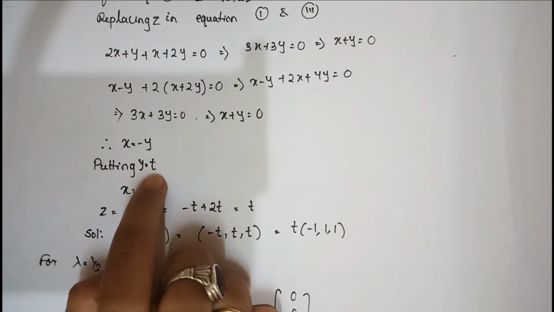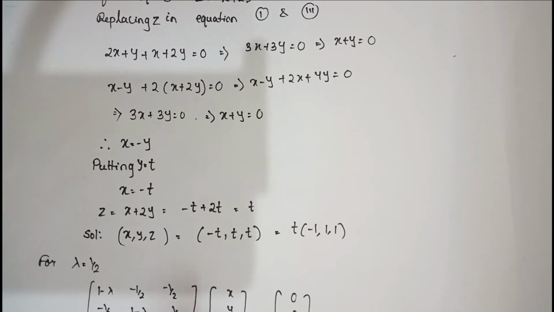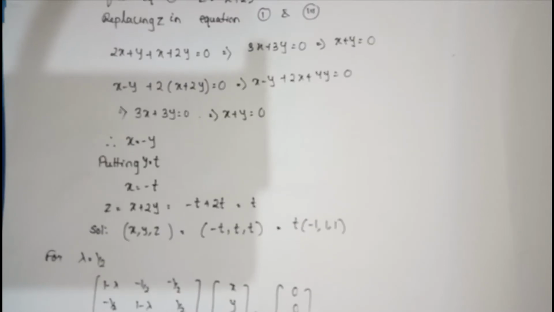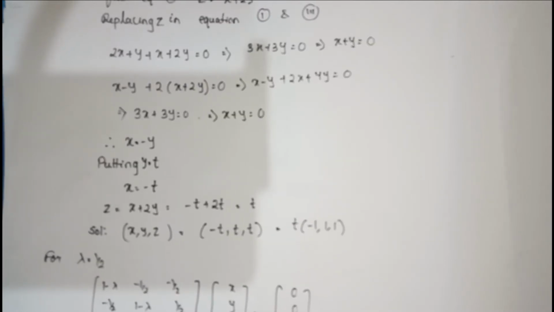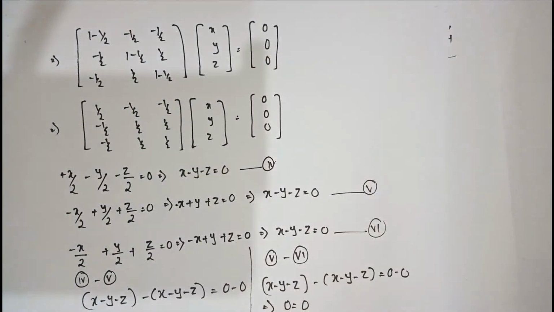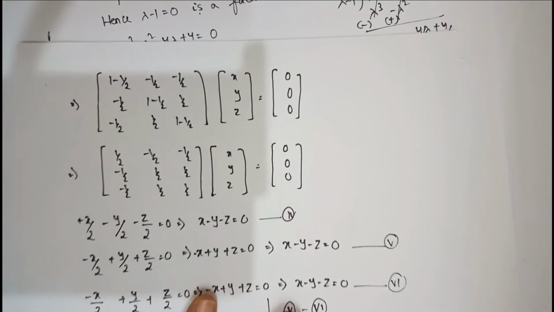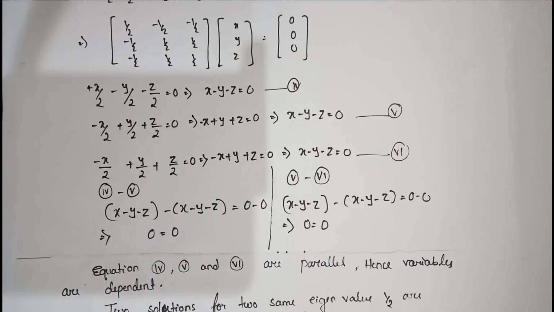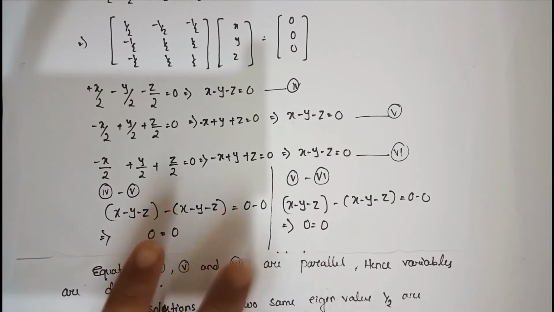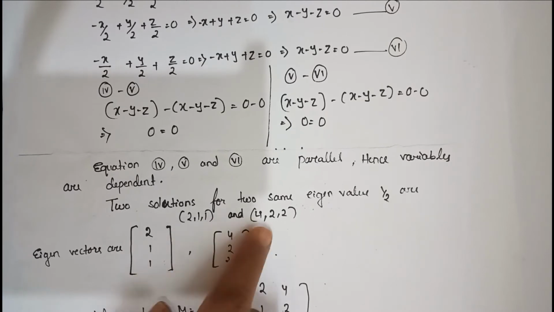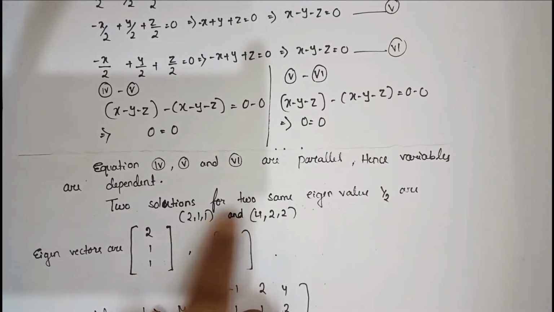Look, I can also take y as 1. Here I took y as t, you can also take it as 1, no problem. As I took t common, I got minus 1, 1, 1. Here look, I got 0 equals 0, that means they are dependent. So any two solutions I found, as the eigenvalues are same.